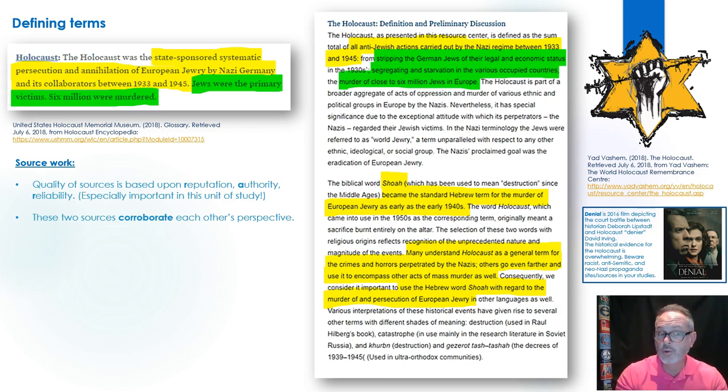Maybe some details will vary, perhaps the dates will vary, as we'll see in another conversation, but the essential ideas are corroborated. If we have a look further down at the green highlighted area, Yad Vashem is also corroborating the sense of murder. They're talking about it being European Jewry, they're talking about murder. The two sources are supporting each other.